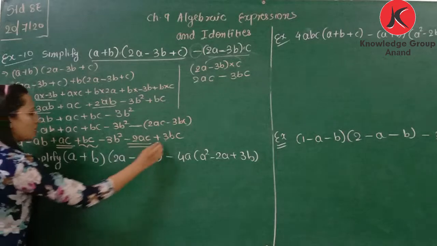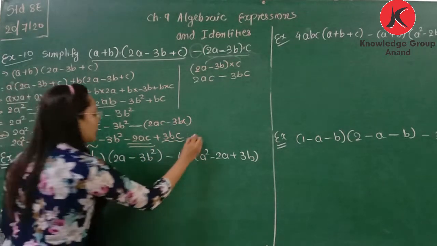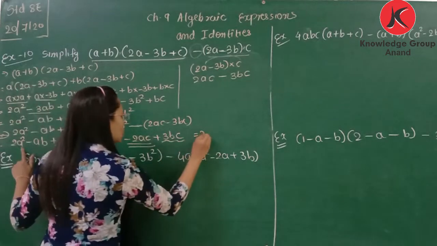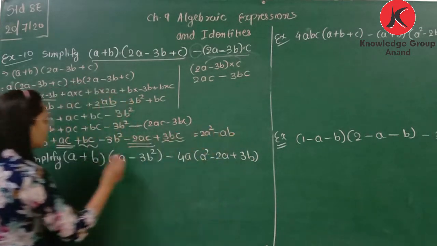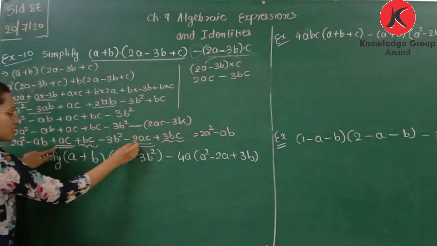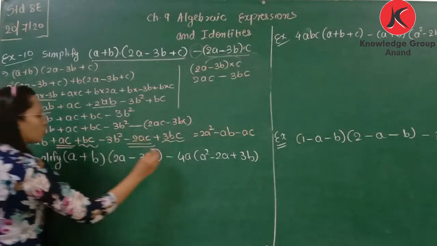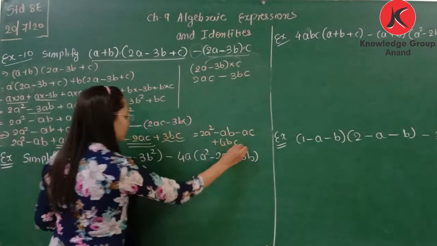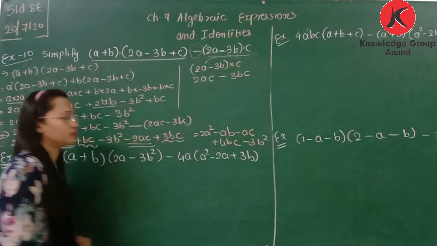And here bc and 3bc are positive, so it will become 4bc. So it will be 2a square minus ab plus ac minus 2ac becomes minus ac plus 4bc minus 3b square. So this will be our answer.